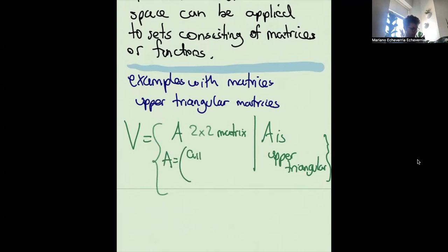You could put a11, a12, a21, and a22, because the first index refers to the row and the second to the column. So this is first row, first column; first row, second column; second row, first column; and second row, second column.